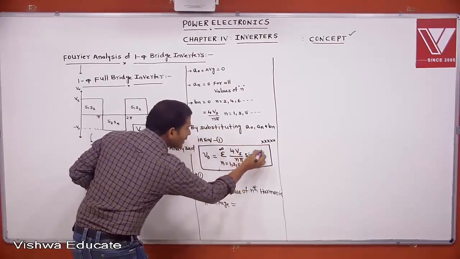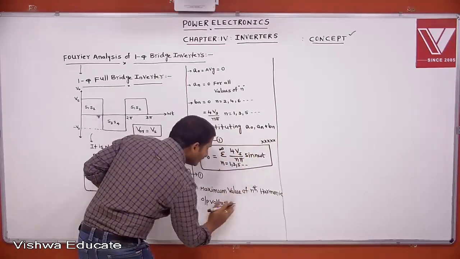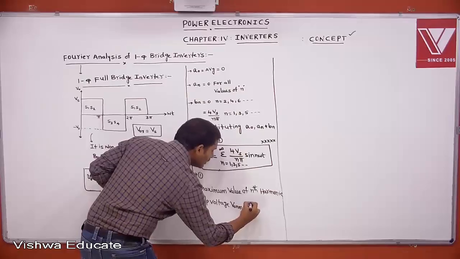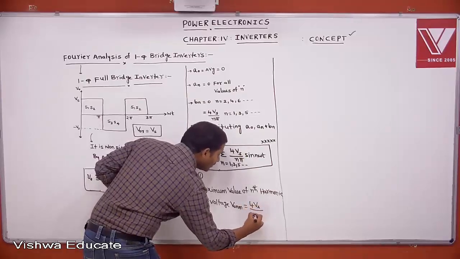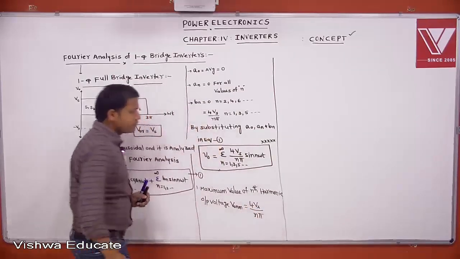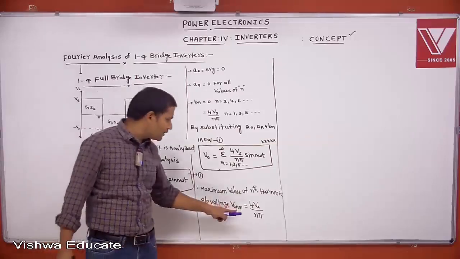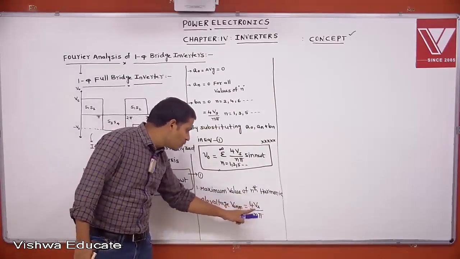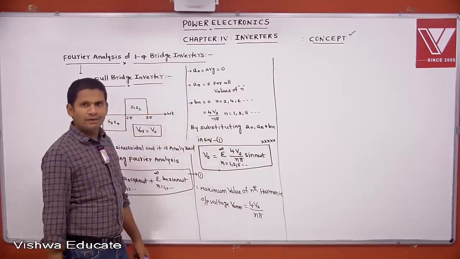Except the sine function, this indicates the maximum value. I am denoting it with V0 Nm, that is 4 Vs by n pi. Don't concentrate on notation, you concentrate on the term. That is the maximum value of nth harmonic output voltage equal to 4 Vs by n pi.